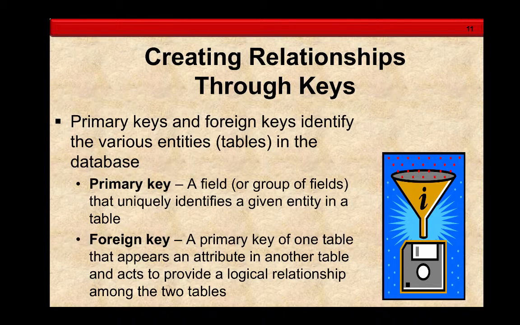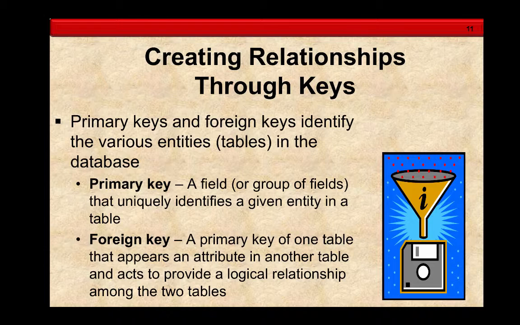So when we talk about databases, we have to talk about being able to connect the dots. When you have a relational database, you have your records, you have your fields, you have your attributes, but you also have what they call keys. And the keys are your unique identifiers within any given table in a database.